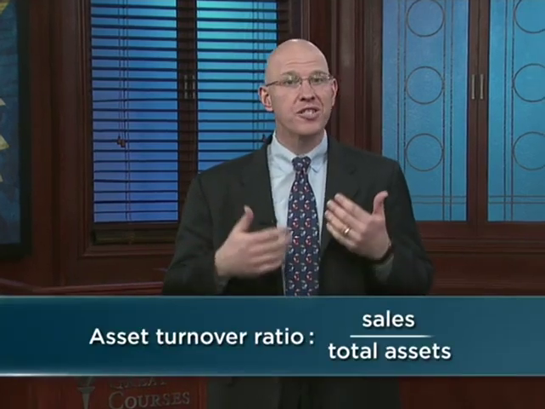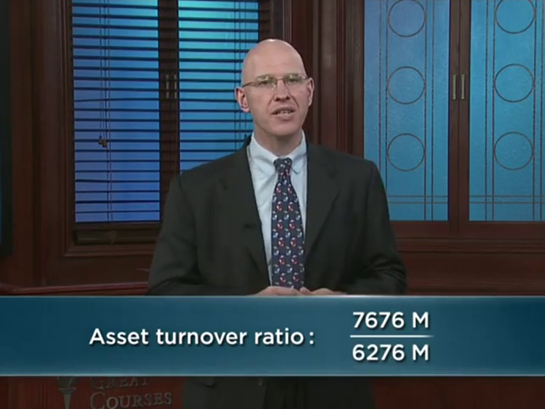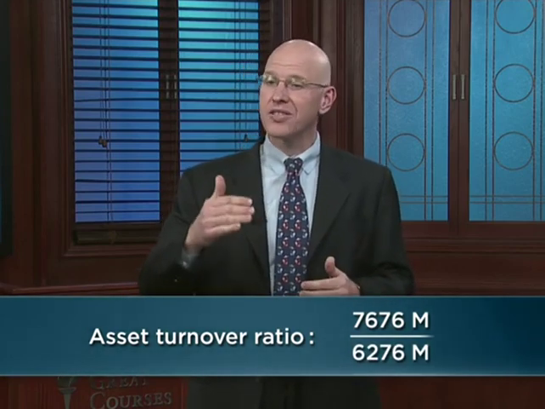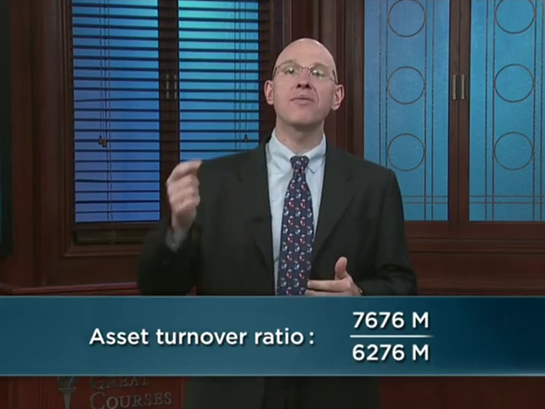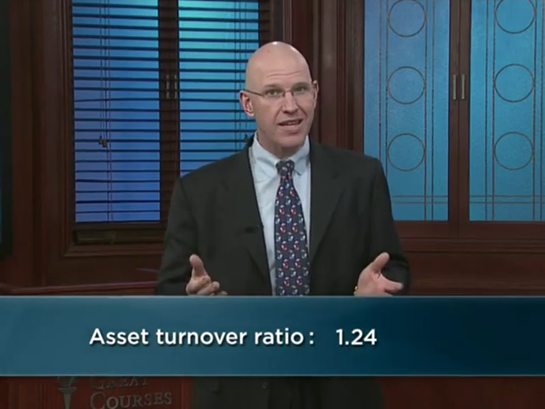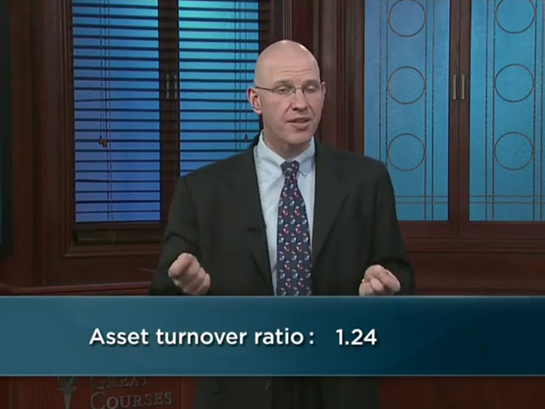Campbell's sales, which we just used in the margin calculation, were $7,676 million. And the total assets, which we saw in the leverage calculation, were $6,276. This makes the asset turnover ratio equal to $7,676 divided by $6,276, or 1.24. This is literally saying that every dollar of Campbell's assets produces $1.24 of sales per year.